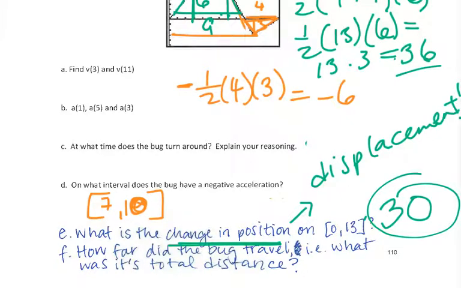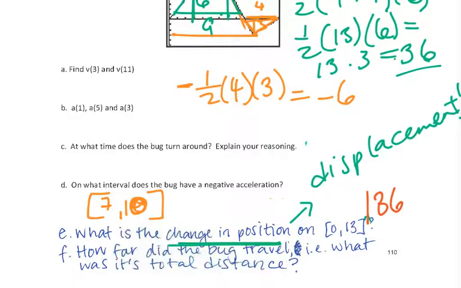Okay, the next question is, how far did the bug travel? Well, we can look at the displacement in each section and take the absolute value and add those together. So here, we had a distance of 39 for the first section.